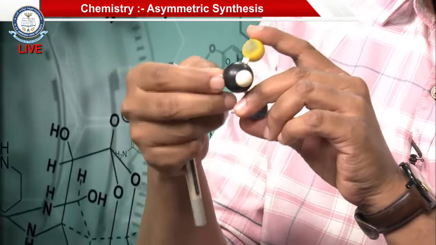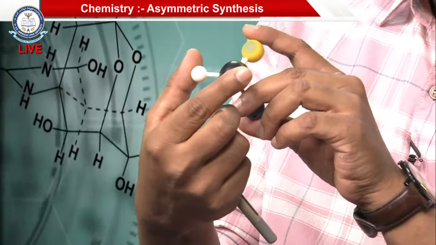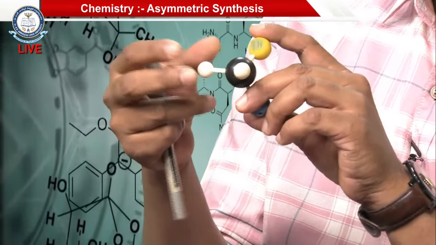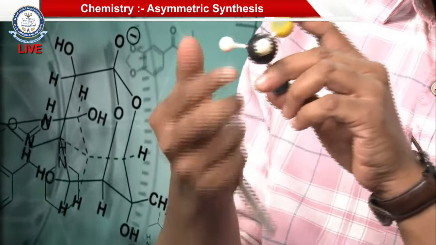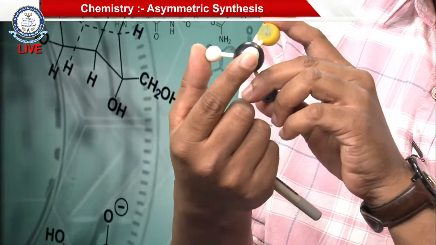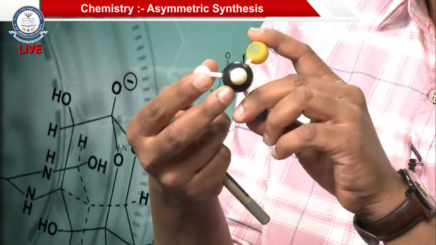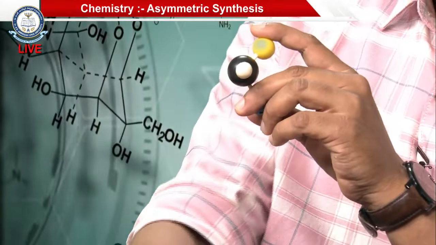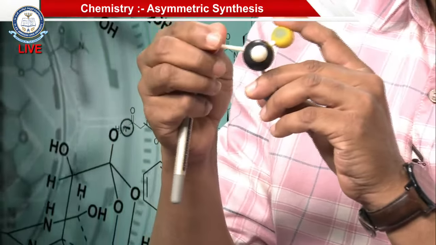Now, in order to say whether it is pro-R or pro-S, these are hydrogen atoms, right? As we know from EZ nomenclature and the CIP rules, the Cahn-Ingold-Prelog terminology, if you have hydrogen atoms, you can't tell whether it is R or S. Why? Because both hydrogen atoms are the same; they have the same atomic number and the same atomic mass. So CIP will not work. So I will replace one of the hydrogen atoms with a deuterium atom. Let us consider that this is a deuterium atom, right?